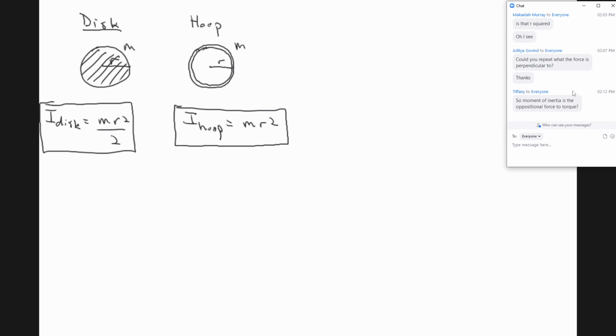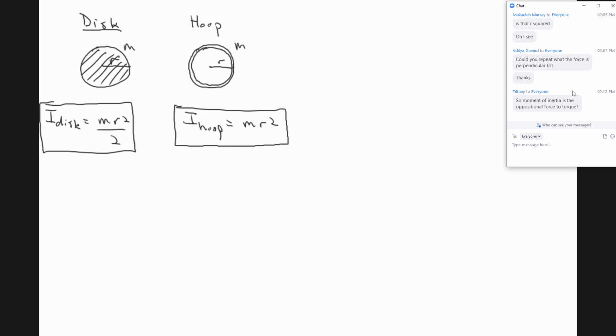no. Moment of inertia is not the oppositional force. It's just the object's resistance to move, to change, right? Remember Newton's first law of inertia? So if an object is moving, it'll stay moving. If an object is stationary, it'll stay stationary. That's called the law of inertia. Same thing. If an object is spinning, it will want to continue spinning. But if an object is at rest, it's going to take a lot of force to get it to want to spin, to rotate. So it's really not oppositional.